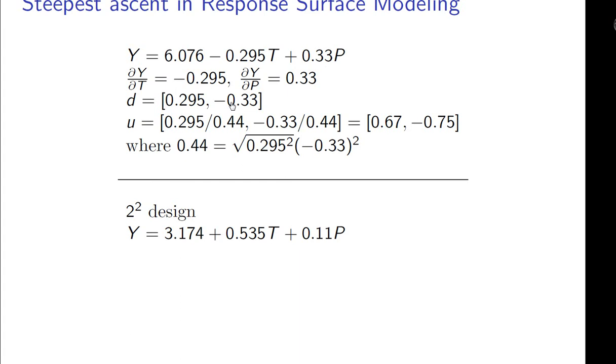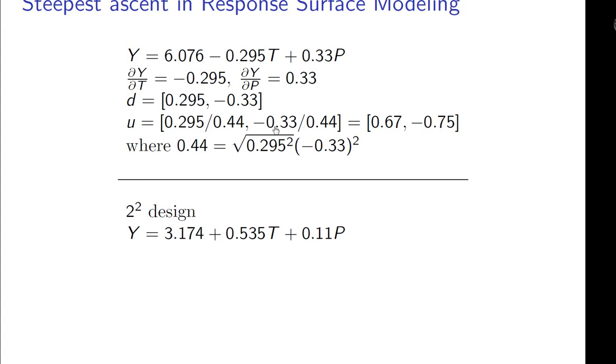The signs are set for the direction of steepest ascent. If it's steepest descent, there would be the opposite sign. Now, because I'm in factor space, which is normalized, and these coefficients are actually in terms of the dimensional quantities, I have to normalize them.